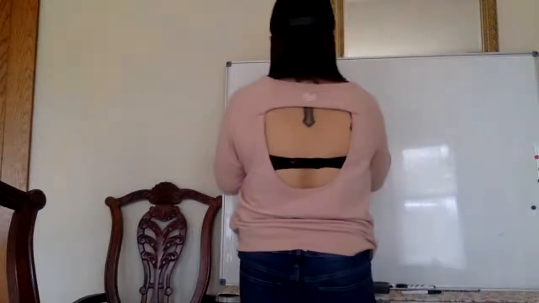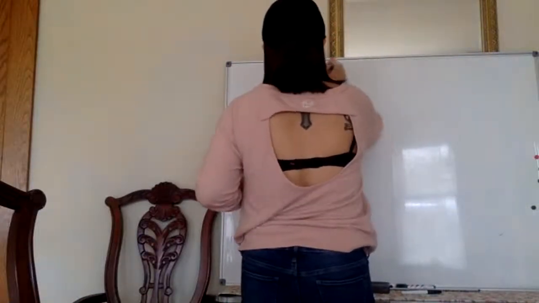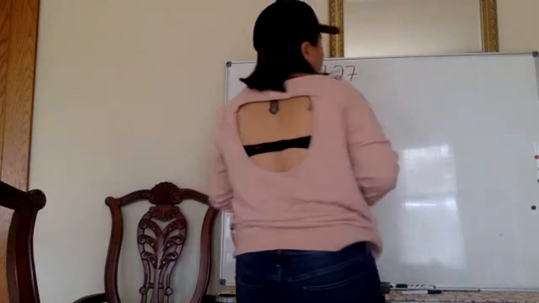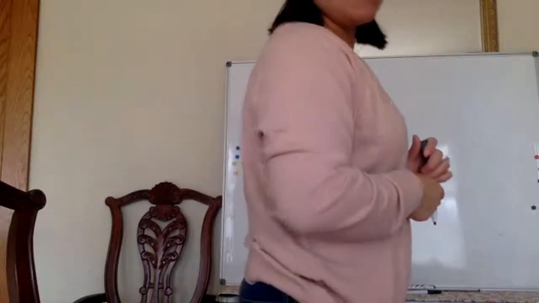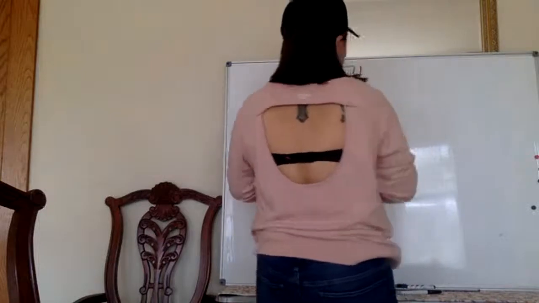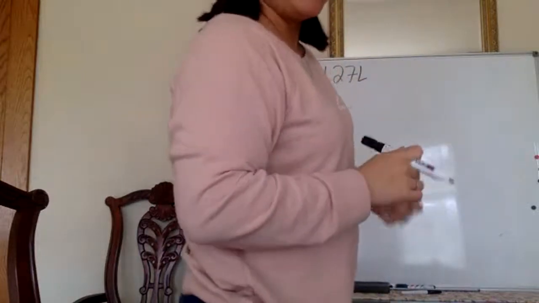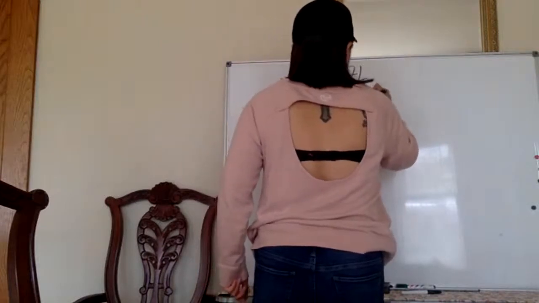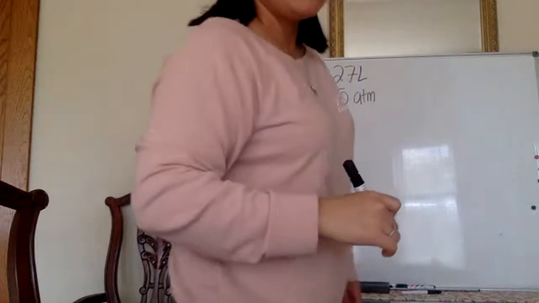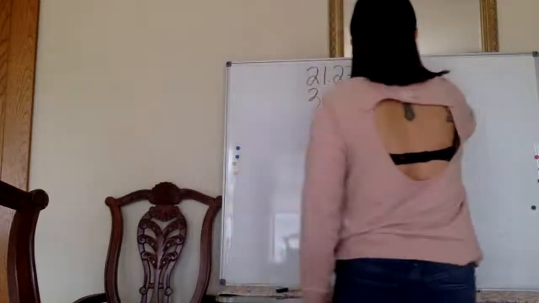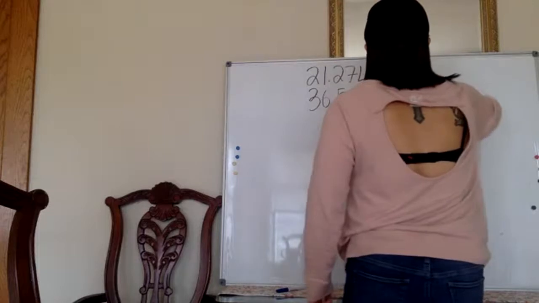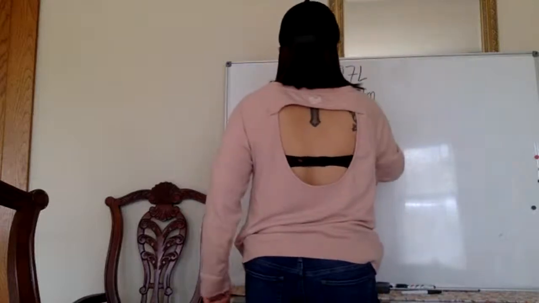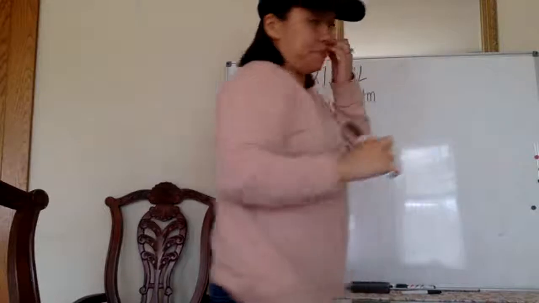All right. So let's write down these numbers, okay? 36.5 ATM. 121 K. Okay.